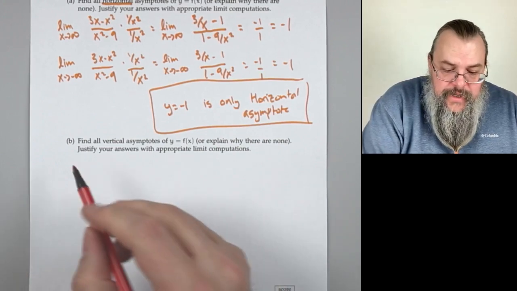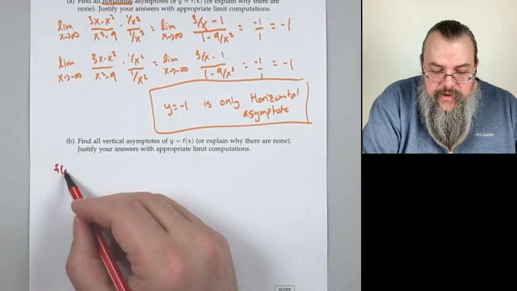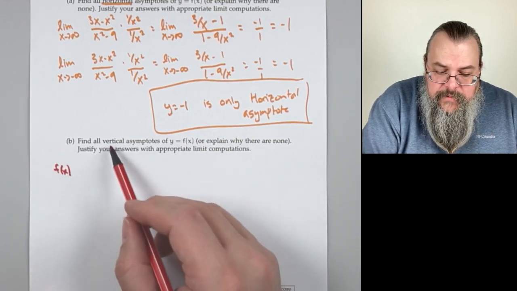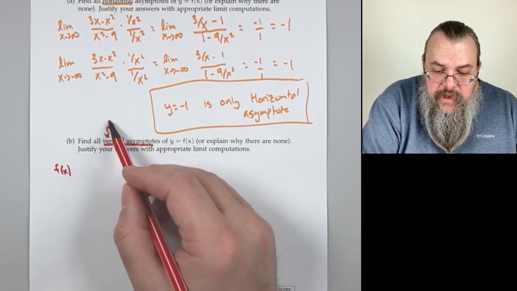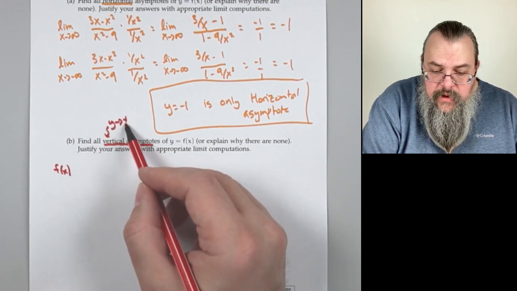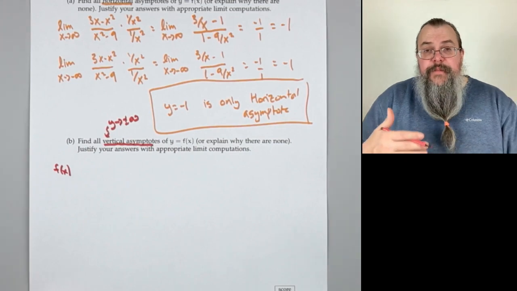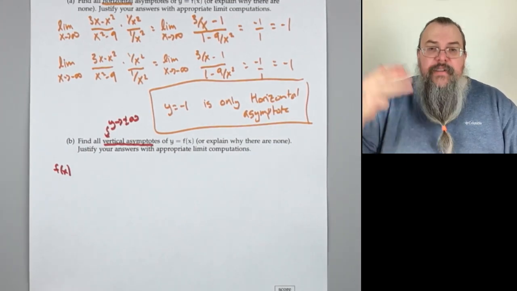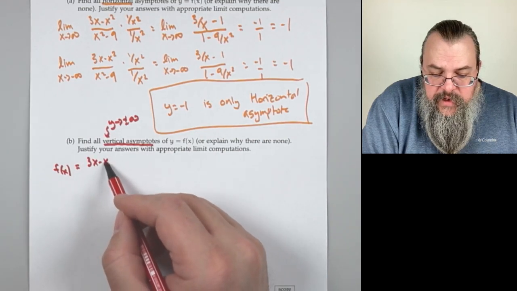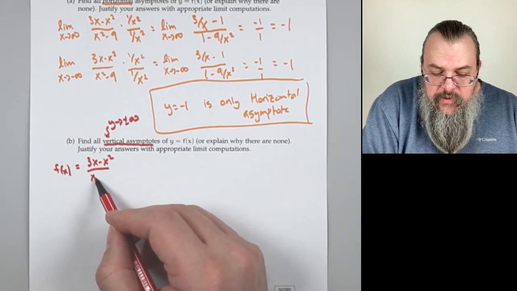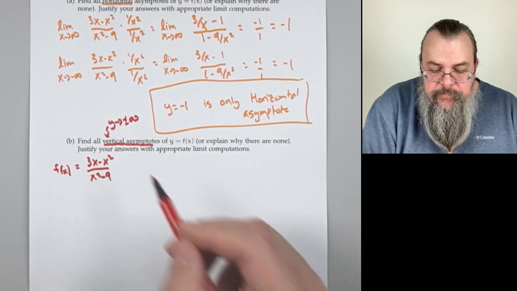Okay, so let's think about vertical asymptotes. Now, when we're talking about vertical asymptotes here, what that's really saying is that the y value is blowing up. The y is going big. So as a reminder, it's 3x minus x squared over x squared minus 9.